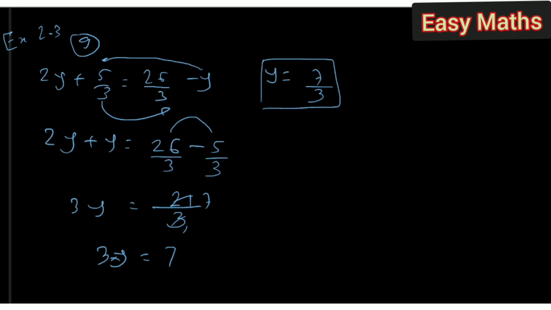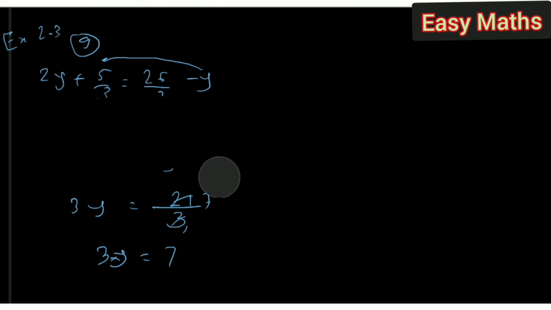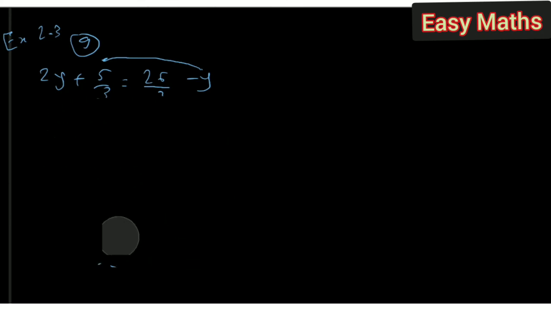How can we solve this same example by a different method? See, the method which I am now going to tell you will be very useful when we have a lot of terms in the denominator. Now here we have 3 in the denominator, but if we had more terms or different terms, then it will be much better to solve by this method which I am going to tell now.